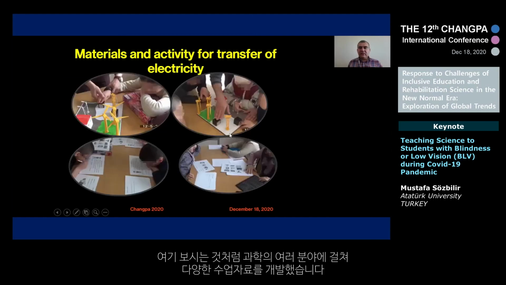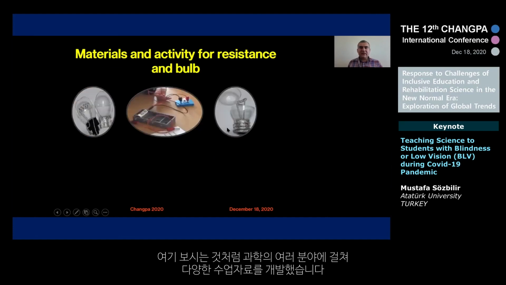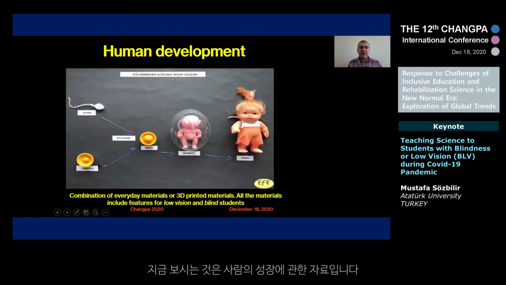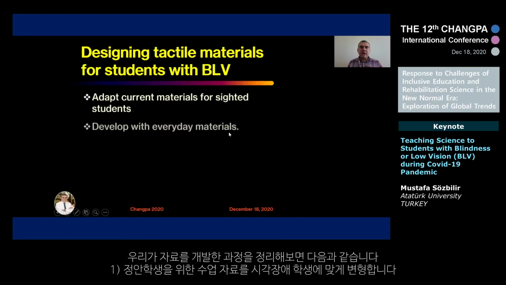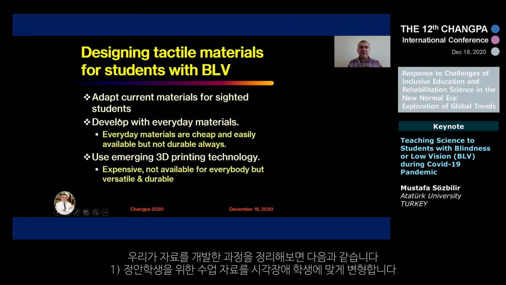So there are different materials that you can see here from all areas of science, and there are more materials here. This is the human development system, and in all of this we adapted materials which are used for the sighted students.